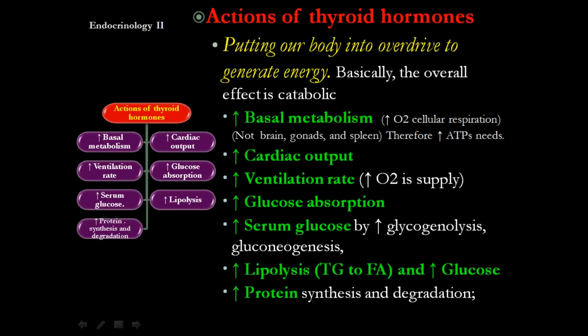So fatty acids are available, and these fatty acids can be a source of energy. So the glucose is going to be spared. In any case, glucose absorption increases, the serum glucose in blood increases, and the glucose is even spared because you have a high amount of fatty acids that can lead into energy.